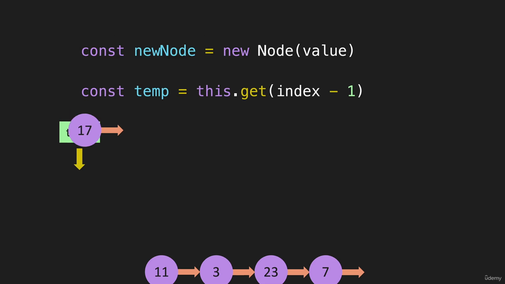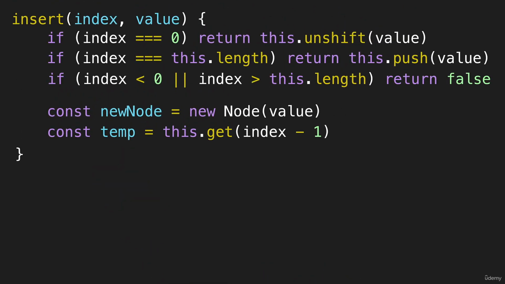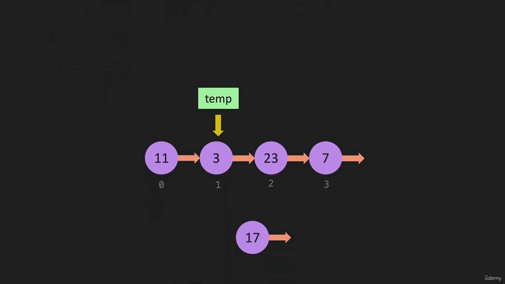So let's look at this code. Now notice on our first 2 lines of code, we are calling other methods, and now we just use the get method. So this is our 3rd time using another method inside of this method. All right, so let's bring this back up. The first thing that we want to do is we want that new node to point at that 23 node at the index of 2. So we can set that pointer on the new node equal to temp.next, just like that.